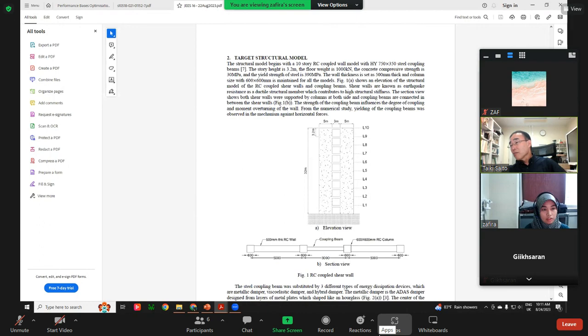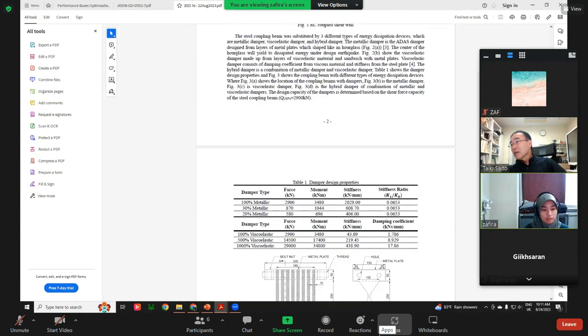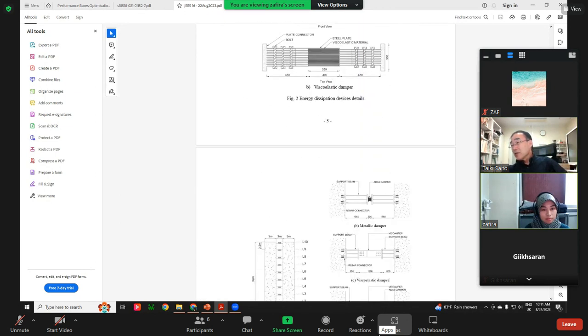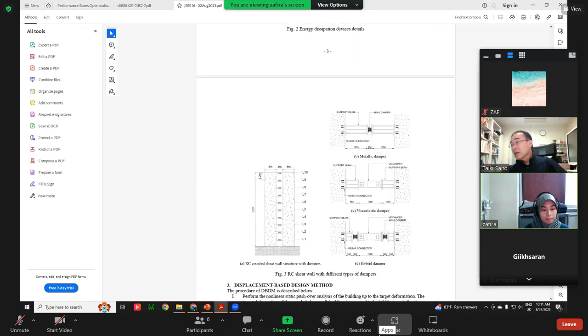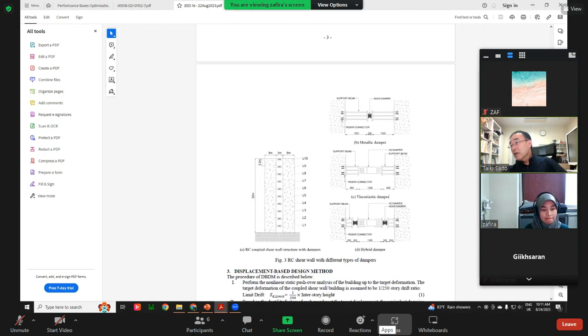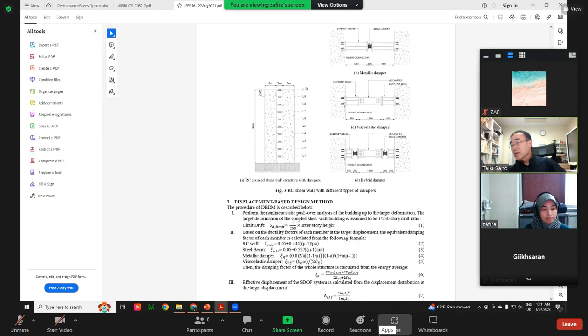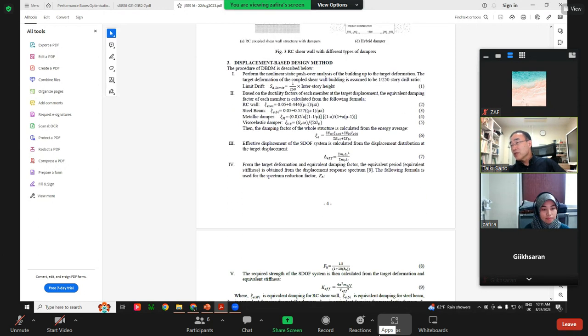Okay, so this is a coupling wall. And you have a metallic damper and a viscous damper here. So there are three types. The first is the metallic damper, the second is the viscous damper, and the third one is a hybrid damper. So it's very interesting. And for displacement-based design, you explain the procedure.